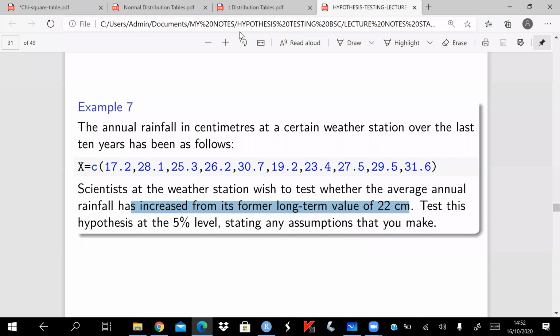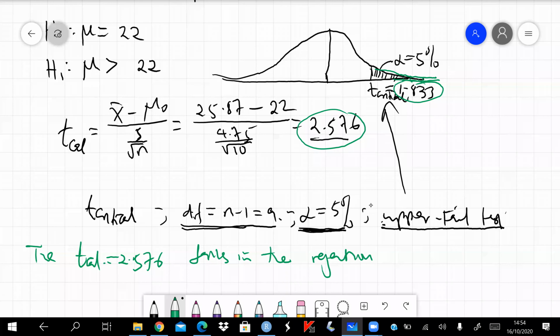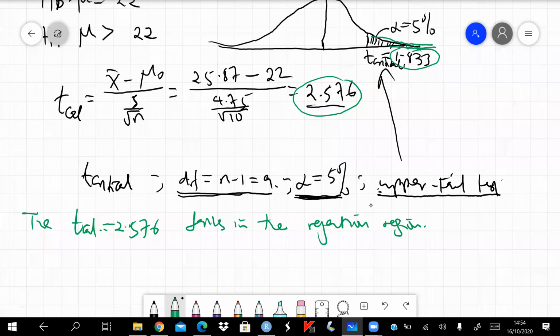So once you have the critical value and the calculated value, now you need to make your decision. You need to say whether the calculated value falls in the acceptance region or in the rejection region. And we notice that our value is lying deep in the rejection region. So the T calculated, which is 2.576, falls in the rejection region. And that tells us what we are going to do with the null hypothesis.